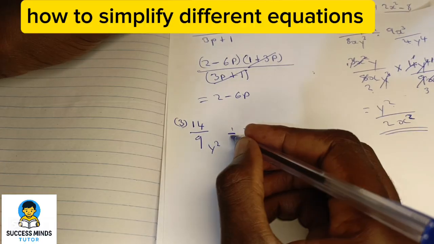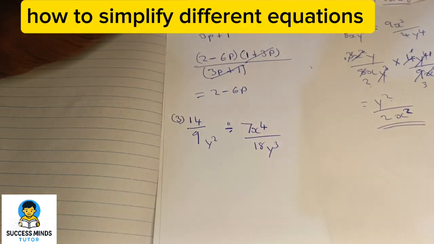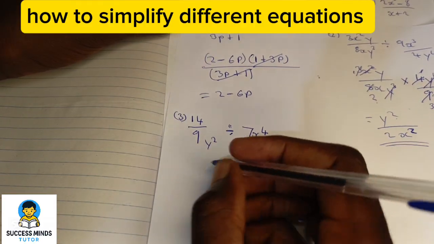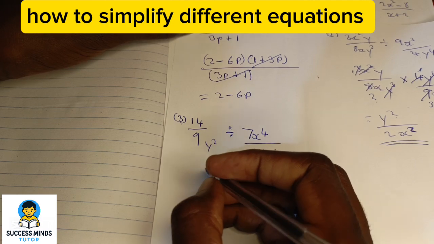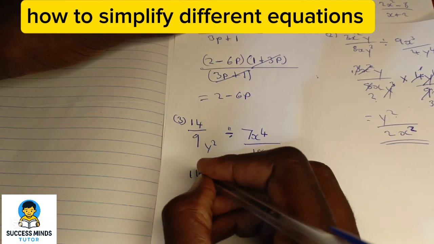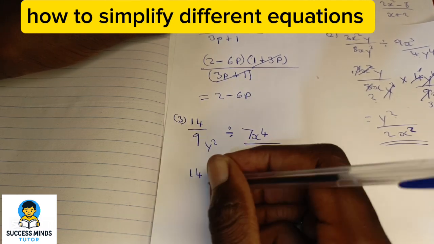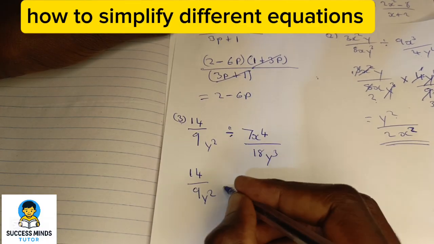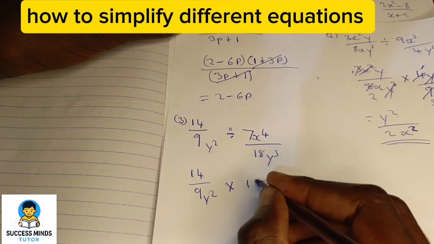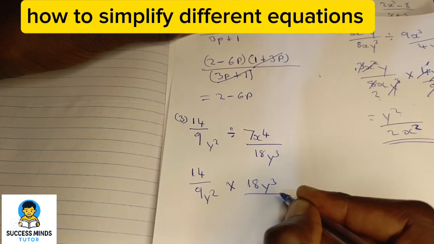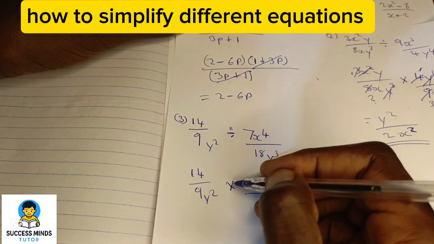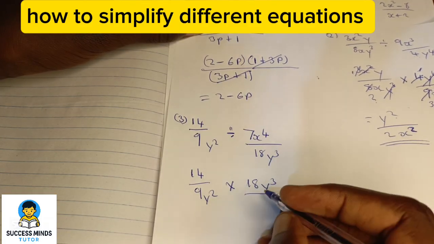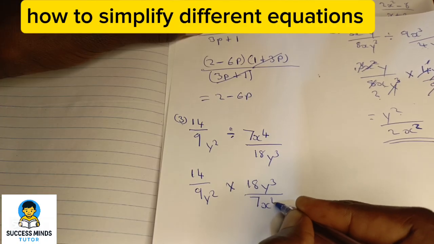Before we divide, we introduce a multiplication sign. So we say 14 over 9y squared, then multiplication, then 18y to the power 3. Don't forget, guys, that when you introduce multiplication, these two are interchanged. So here we have 7x to the power 4.